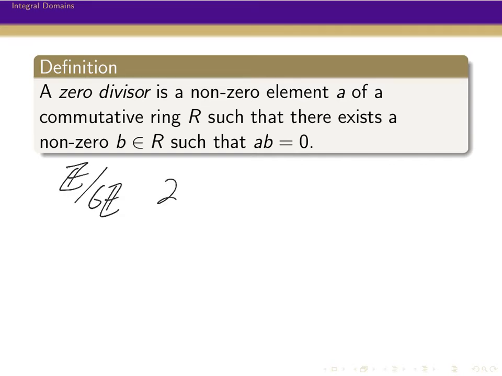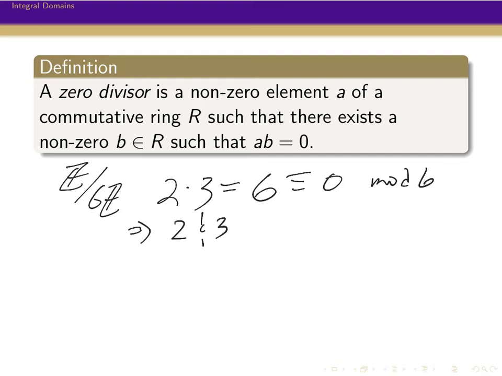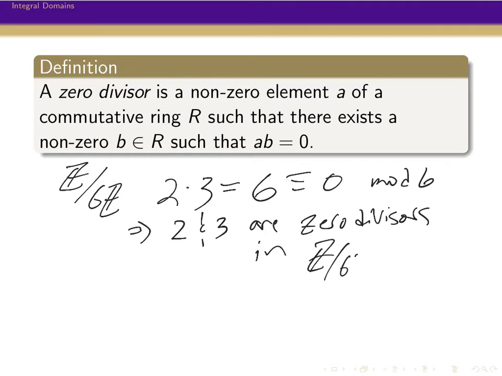What if you do 2, a non-zero element, times 3, also a non-zero element? 2 times 3 is equal to 6, which is congruent to 0 mod 6. This means that 2 and 3 are zero divisors in Z mod 6Z.